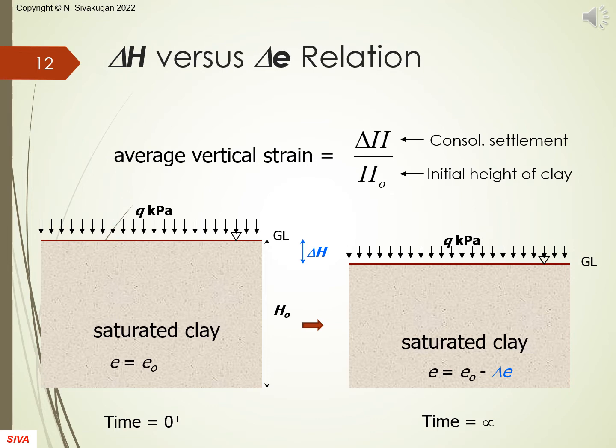Let's say the initial thickness and the void ratio of a clay layer be H0 and e0. At the end of consolidation, the thickness decreases by delta H and the void ratio decreases by delta e. The vertical strain of the clay is delta H on H0.